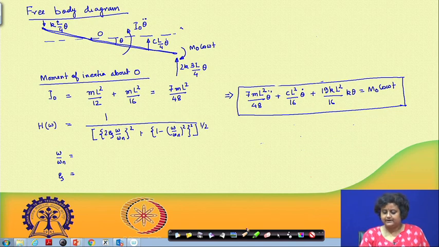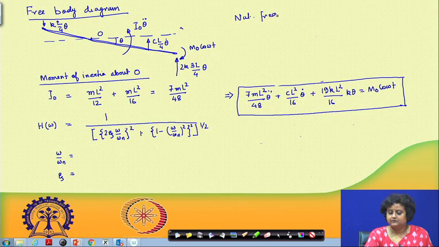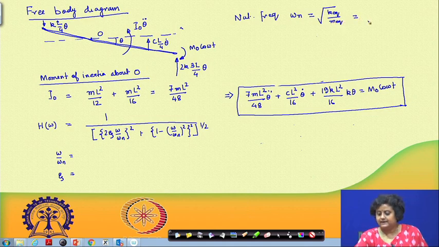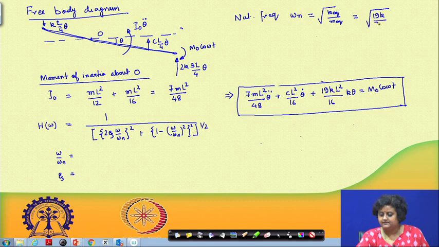So, let me try to find out the natural frequency. The natural frequency omega n is going to be the square root of k equivalent by m equivalent, which in this case is going to be 19 k by 7 m by 3. All other terms are going to cancel out.